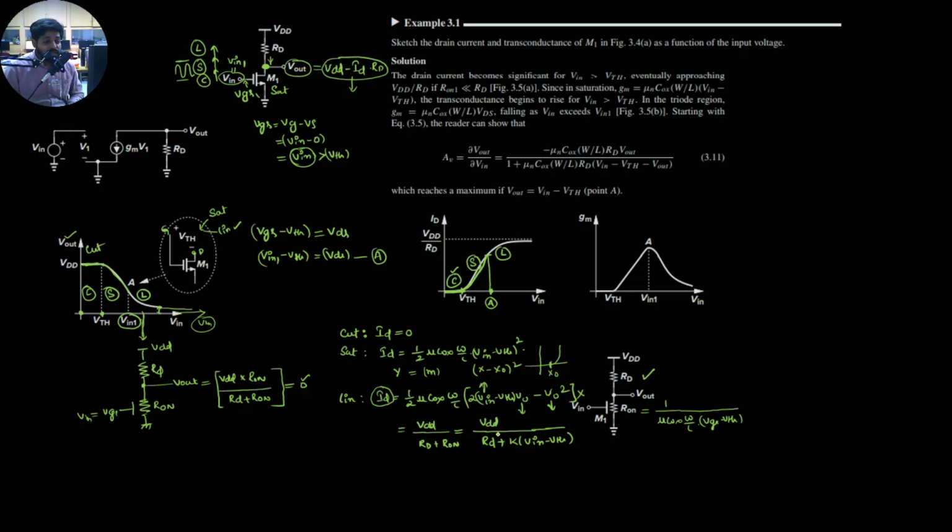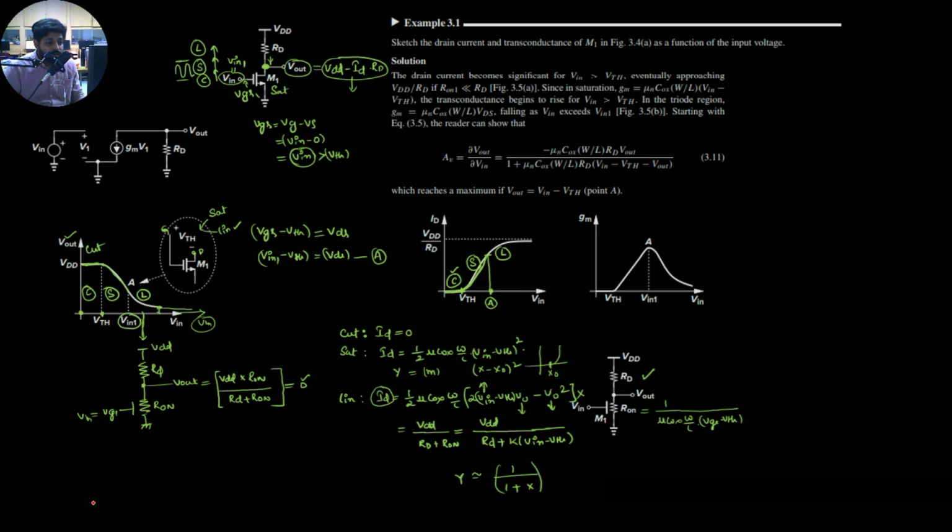So as the curve equation, I can consider some constant plus 1 by 1 plus x. X is the x axis. V input I am keeping on the x axis, ID on the y axis.